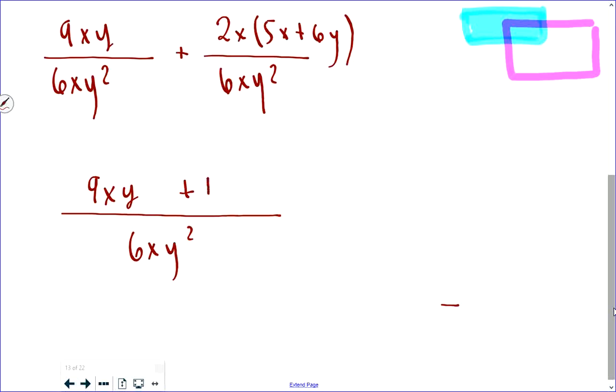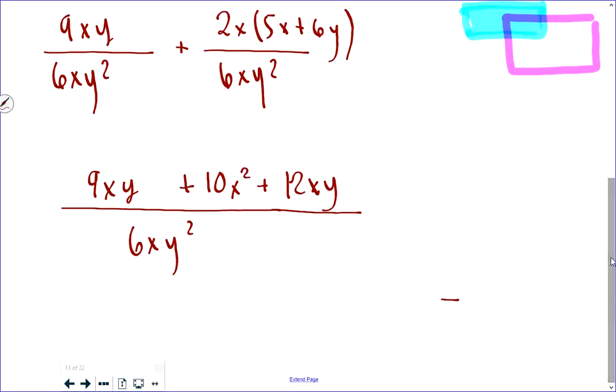So this is going to be 10x squared plus 8, 12. 2 times 6 is 12. xy. Looking promising. I don't know if we'll be able to cancel anything, but let's find out.